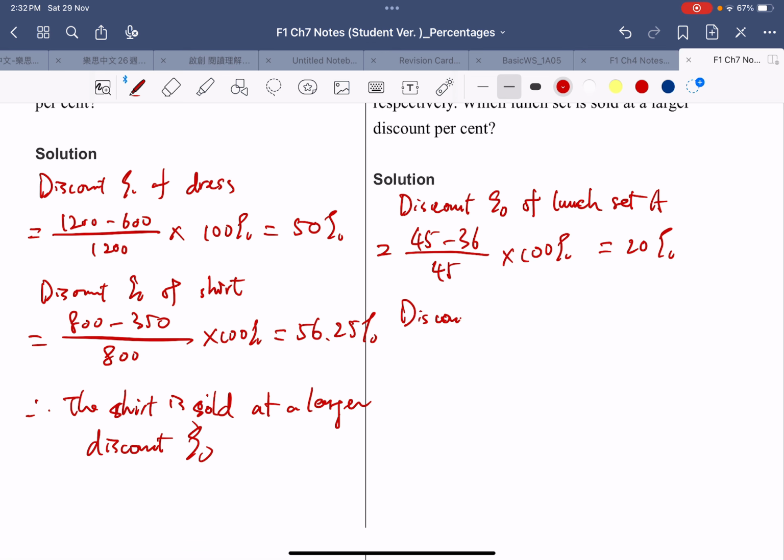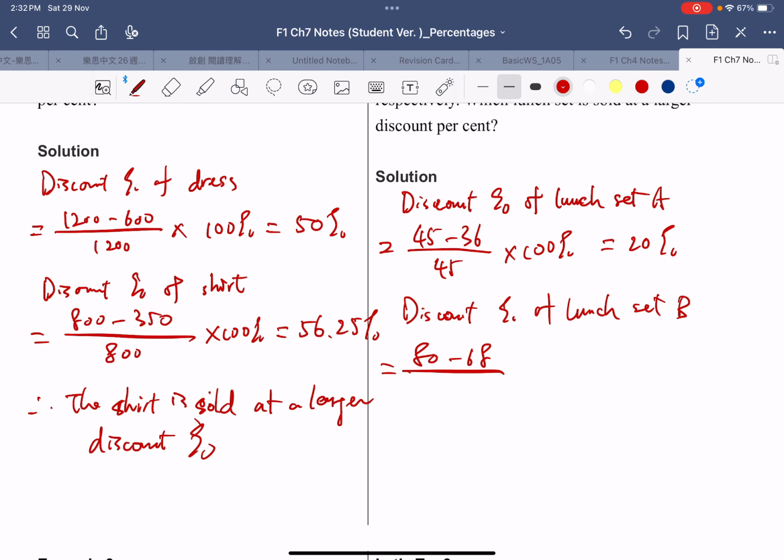Discount percent of lunch set B equals 80 minus 68 divided by 80. Calculate it as 15%.